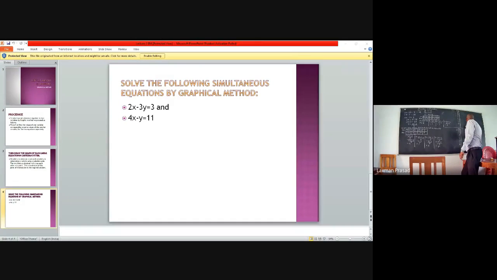It means this point, x is 3, y is 1. And if the value of x is 6, then the value of y is 3. If the value of x is 9, the value of y is 5.